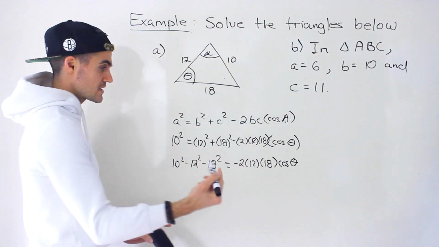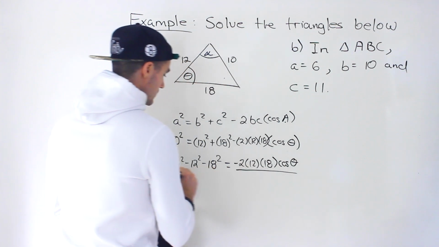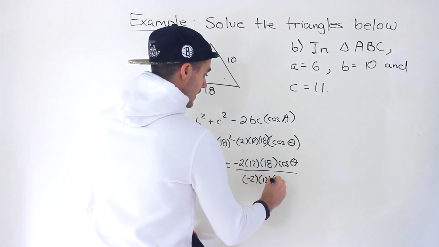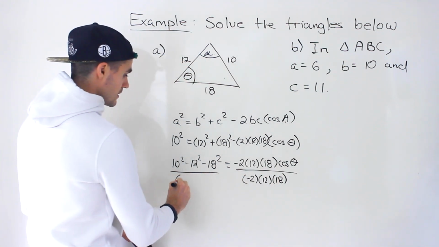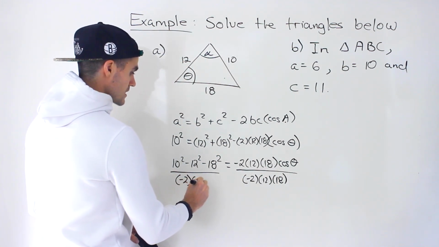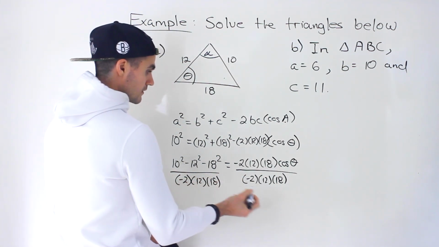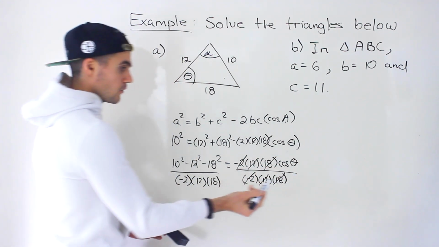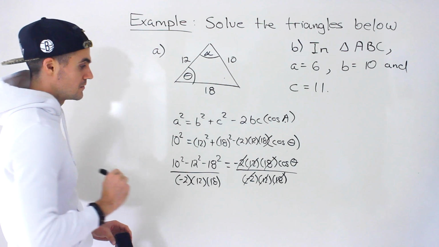And then we want to get the cos theta by itself, so we would divide both sides by basically the negative 2, the 12, and the 18. Divide this side by that, and divide this side by that, like there. And so notice these cancel out, and now we have the cos theta by itself.